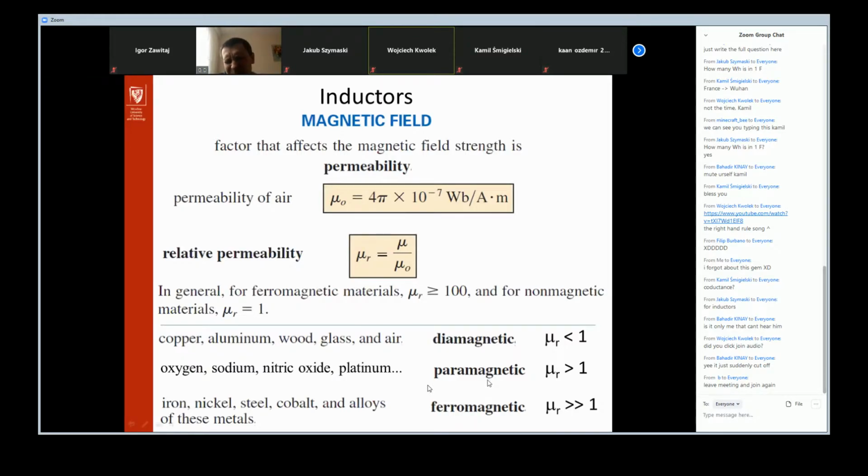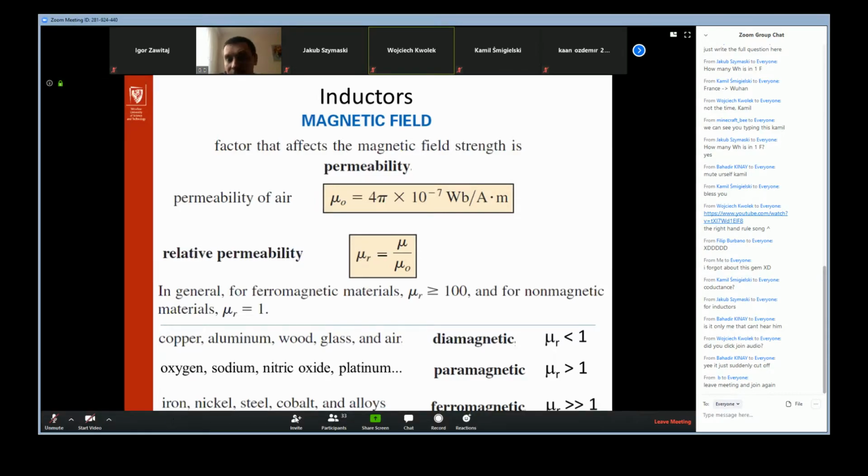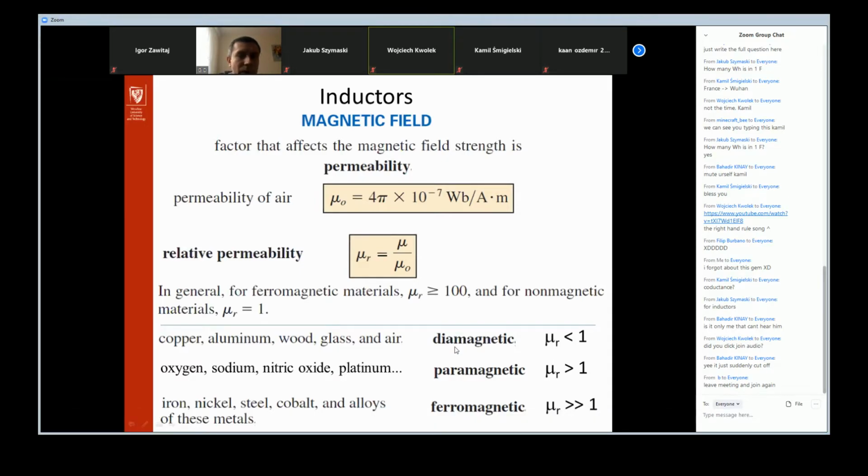Paramagnetic materials are materials where the relative permeability is a little bit higher than one. So they have some properties of ferromagnetics, but these properties are so weak. For example, sodium, nitric oxide, platinum, oxygen. And diamagnetic materials have μr lower than 1, for example glass.